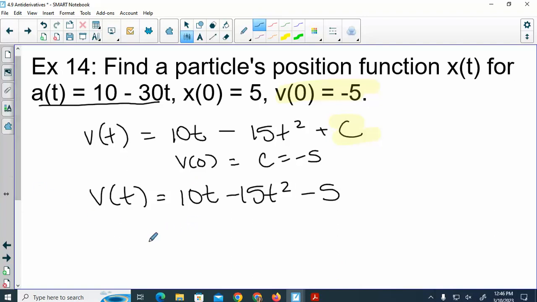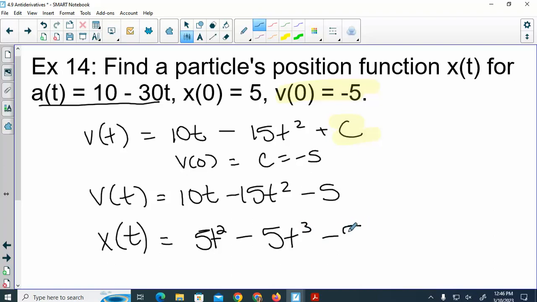And then to get position, what's my antiderivative? 5t squared minus 5t plus c.